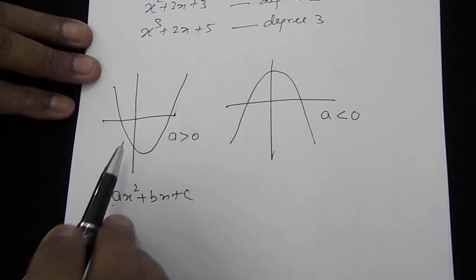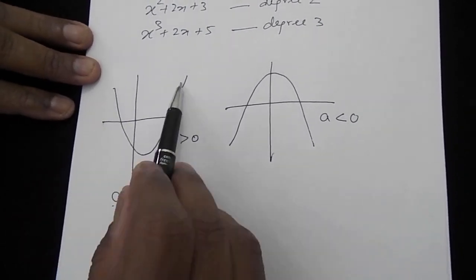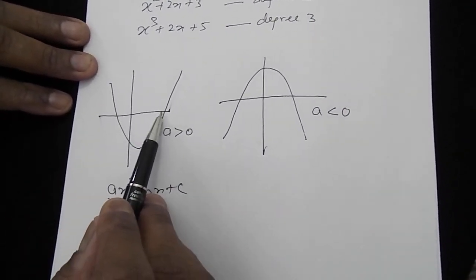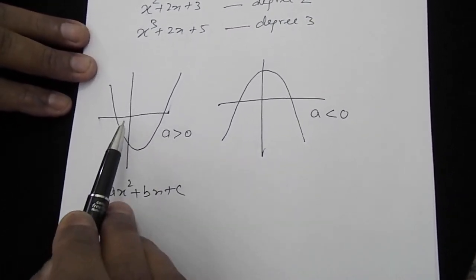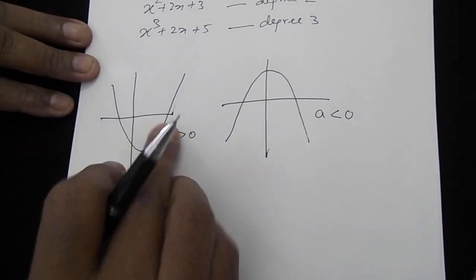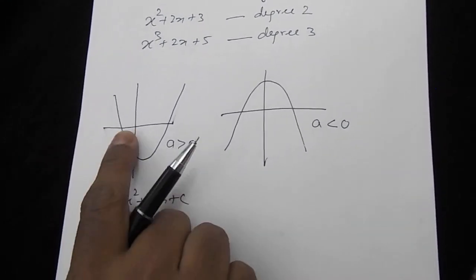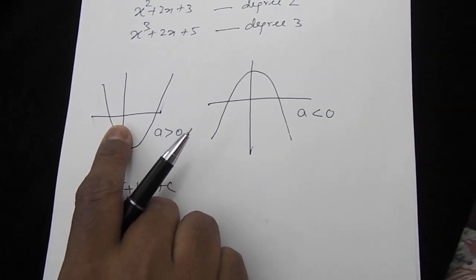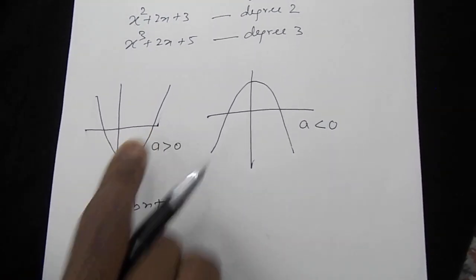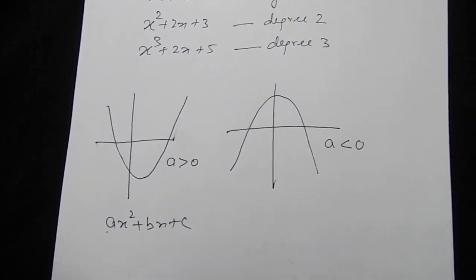Secondly, wherever the curve cuts or intersects the x-axis, we say that so many solutions are possible. Like in this case, the curve is intersecting the x-axis at two distinct points, so there are two zeros or two solutions.